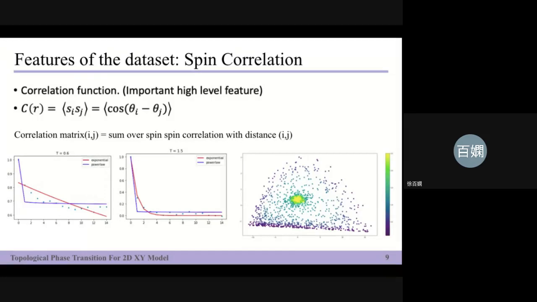But when I look at the features of your data set, I don't see the number of vortices. Because this is not something we can measure experimentally. It has to be inferred from, say, specific heat or something. Could you explain why you chose this variable as the features of your data set?